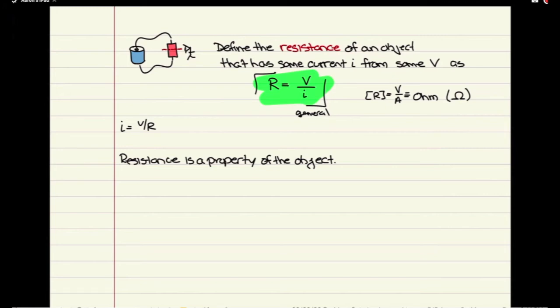You can think of this as a very high resistance compared to say copper. That is all a result of the properties of glass versus copper. And this directly relates to our previous discussion.